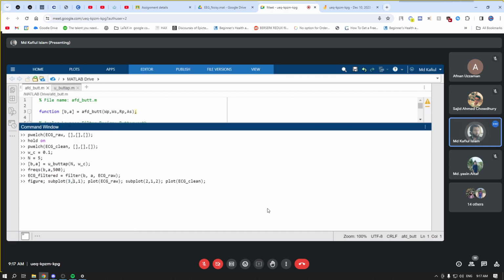Let us plot all three signals: the noisy, the clean, and the filtered. First we plot the raw signal, then the clean signal, then the filtered signal.